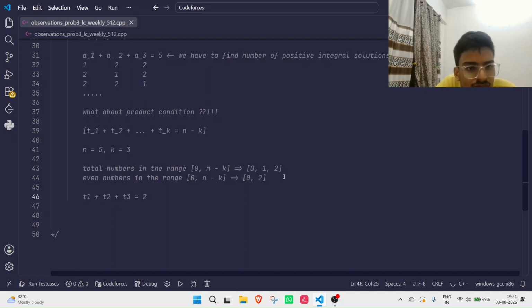And case 2: all of them won't be even, can't be one, and their sum is 2 itself. Each Ti can be from 0 to 2.